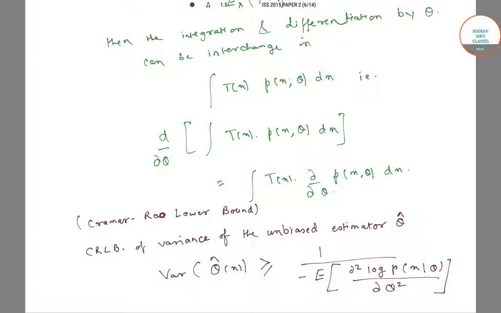So this is the Cramer-Rao lower bound of the variance of the unbiased estimator theta cap.